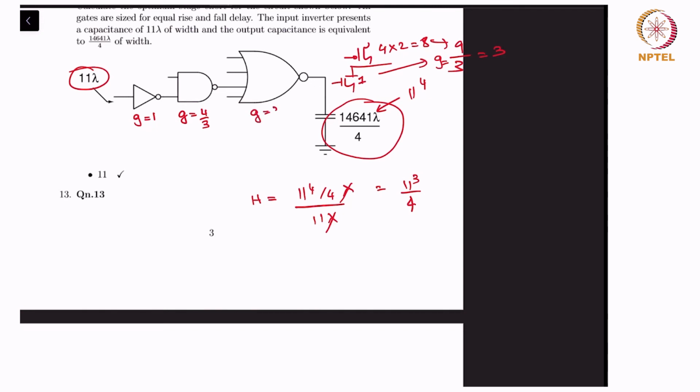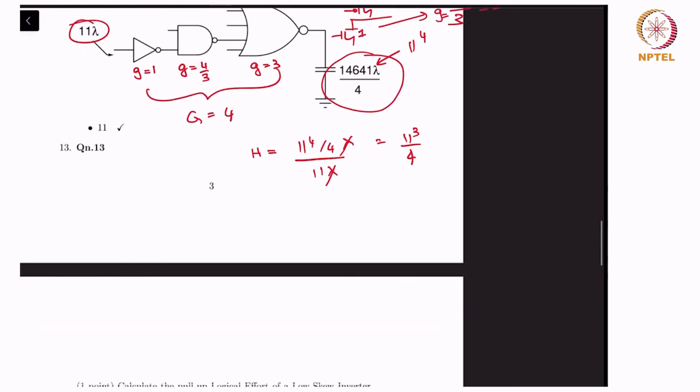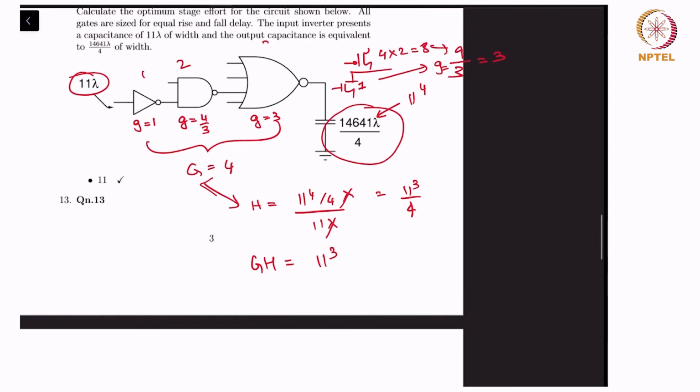So G is equal to 3. So the total G is the product of all these three things, which is 4. So therefore GH is equal to 11 power 3, and since there are 1, 2, 3 stages, F, which is the optimum stage effort, is GH power 1 by 3, which is 11 power 3 power 1 by 3, which is 11.